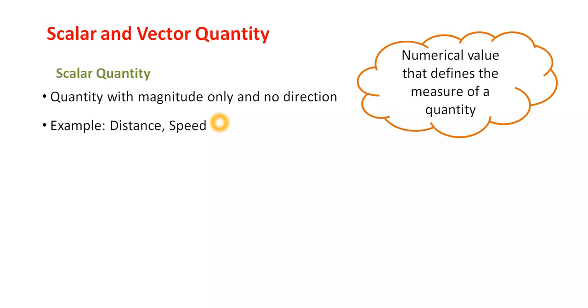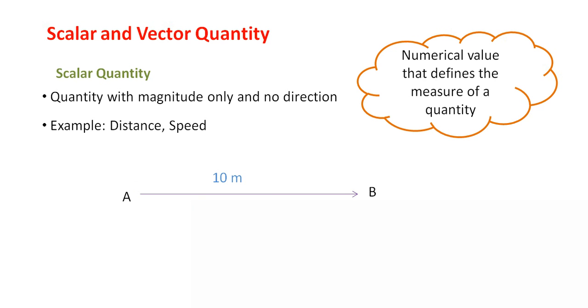Let's take distance. For example, say you have a boy standing at point A, and let's suppose this boy starts moving from point A to point B. Now, let us say the distance covered by the boy from point A to point B is 10 meters.